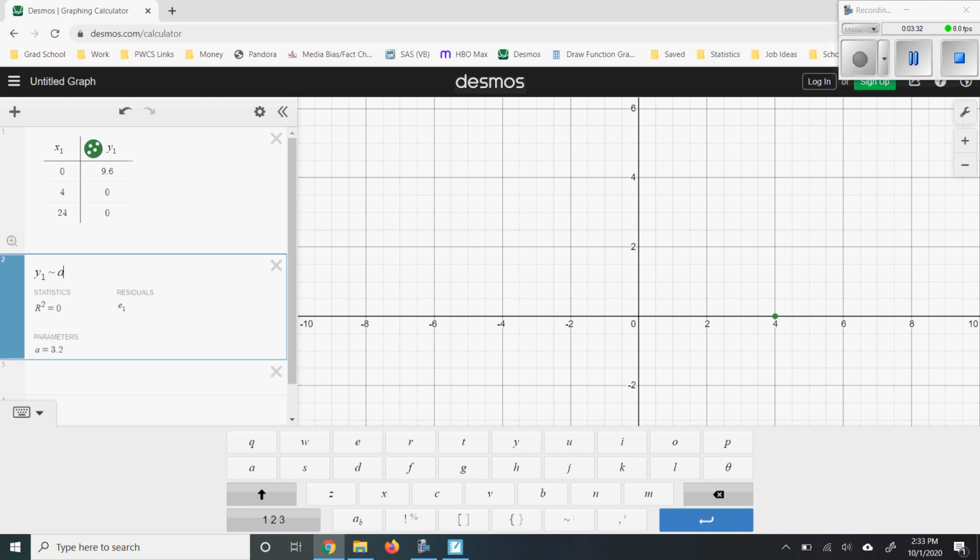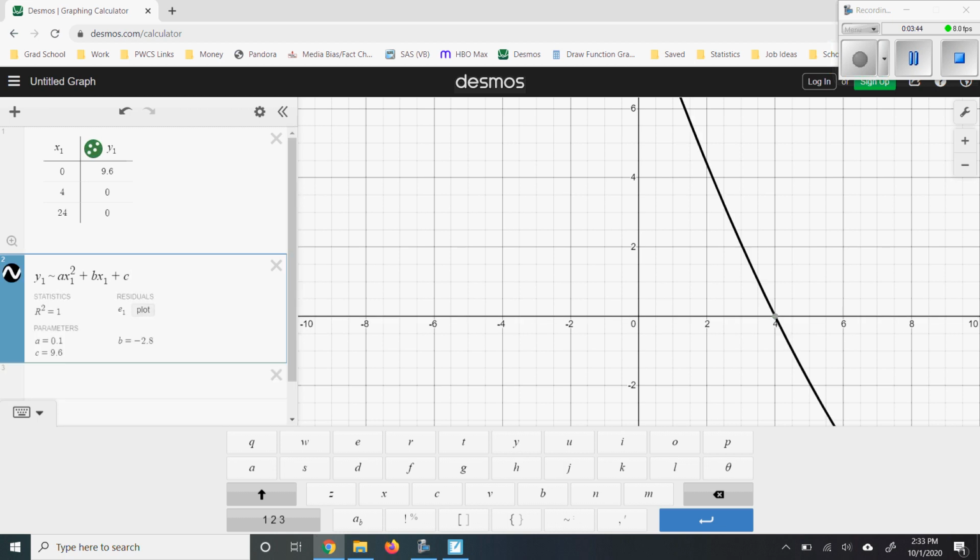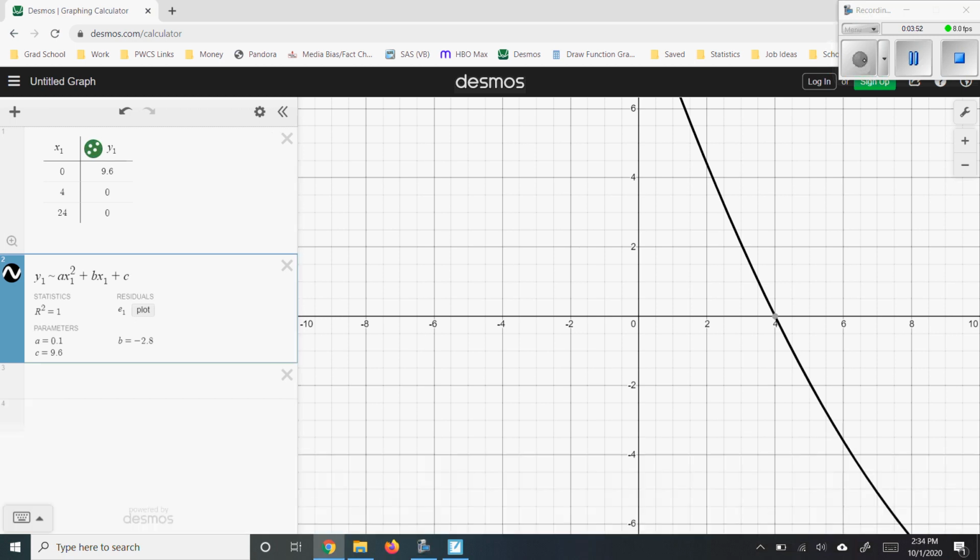Then a x1 squared plus b x1 plus c. So here it gives you the parameters a, b, and c.